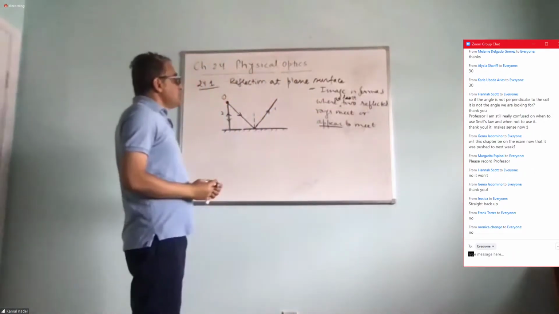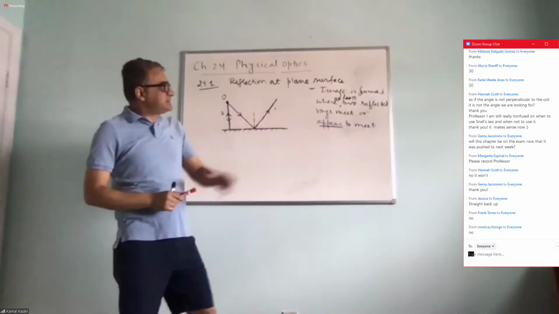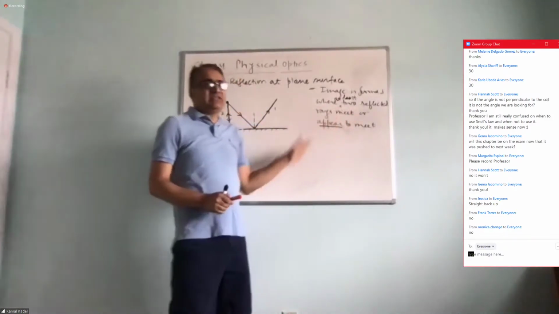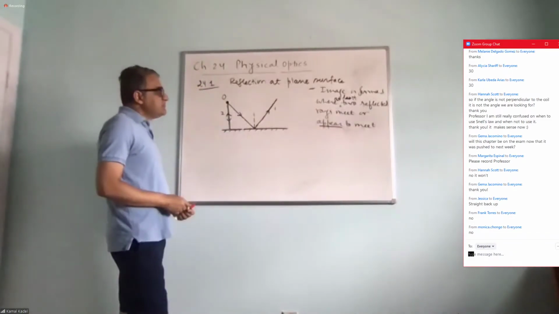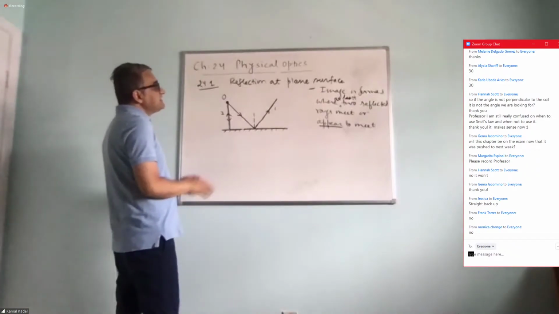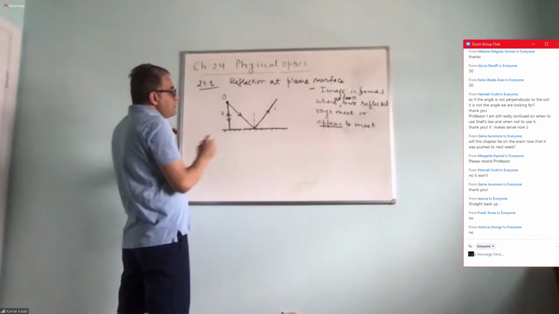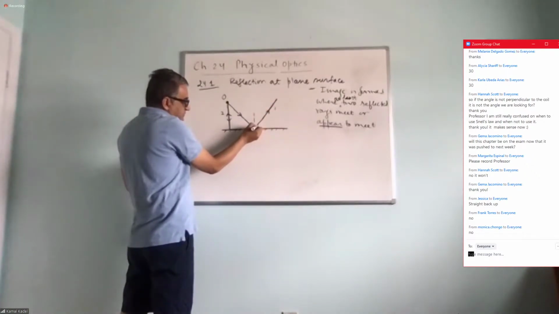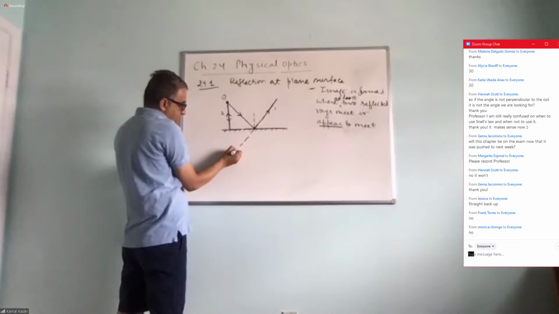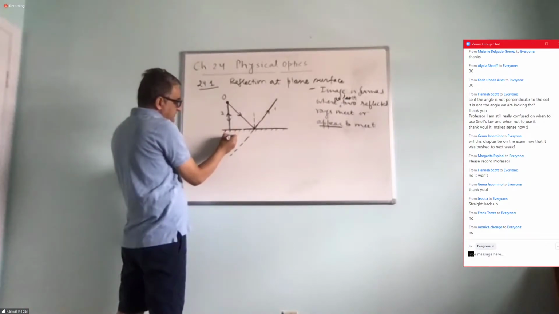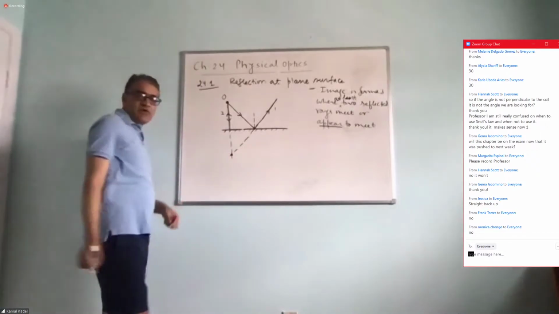So look here, these two reflected rays cannot meet. So they cannot meet, but let's find where they appear to meet. Since they cannot meet on the same side, what we do is we just produce these rays like this, and they appear to meet here. You understand now, everyone?